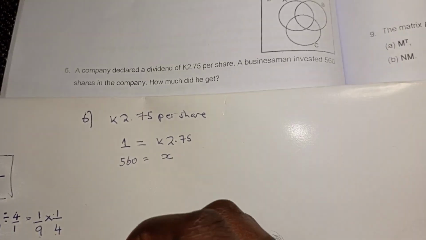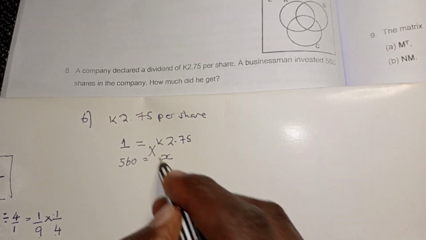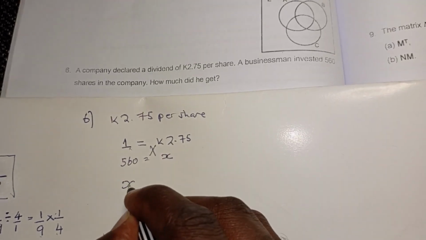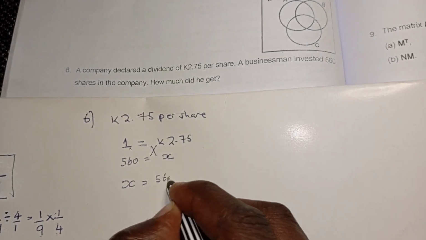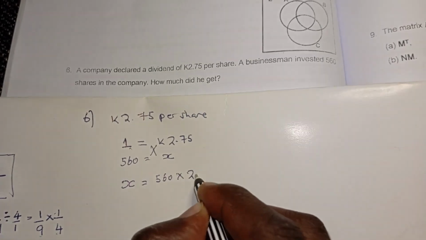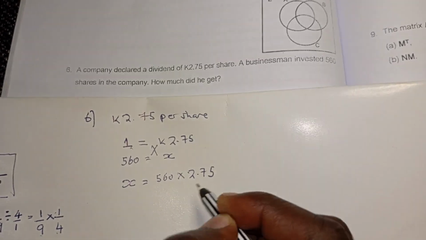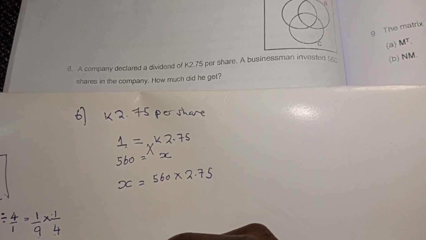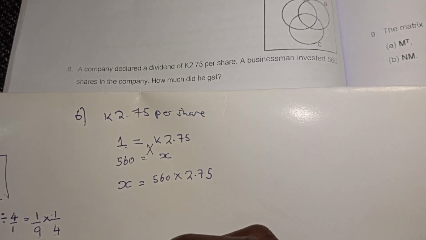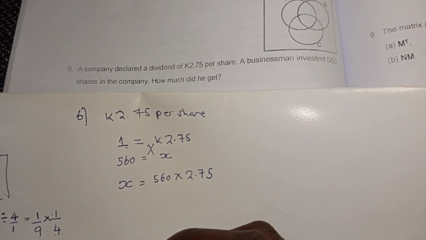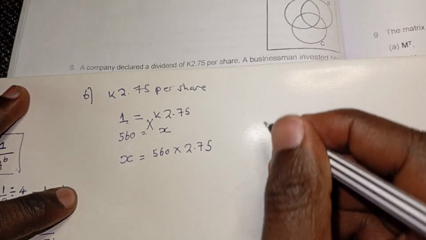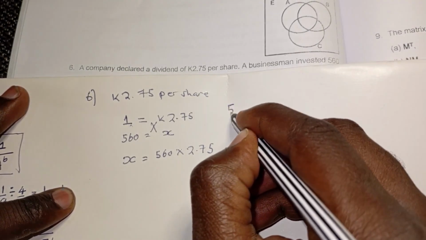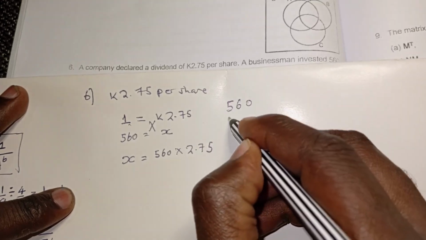You put x here, and you cross multiply 1 times x, this is x is equal to, here you multiply 560 multiplied by 2.75. Now multiplying here, what we do when we're looking at this is paper 1 and there is no usage of calculator, so you need to show your working that you know how to multiply.